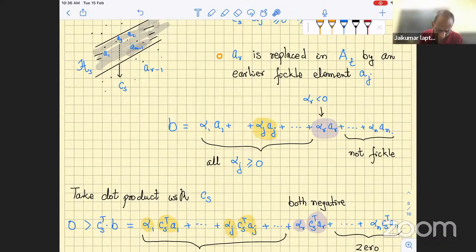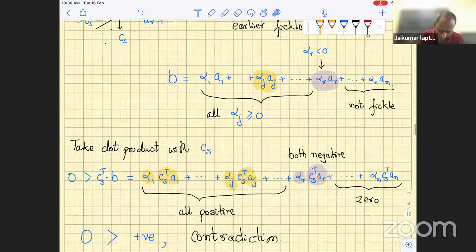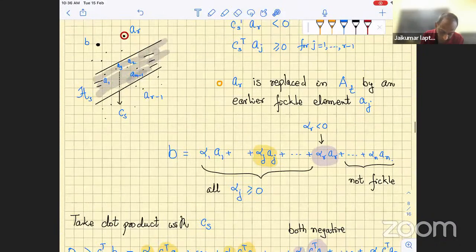Okay. Now, let us take this equation and take its dot product with this normal vector. Which normal vector? This equation was generated at a time t, when A_R was about to leave the basis.